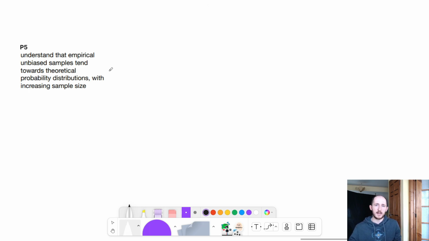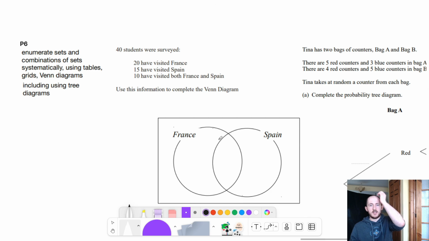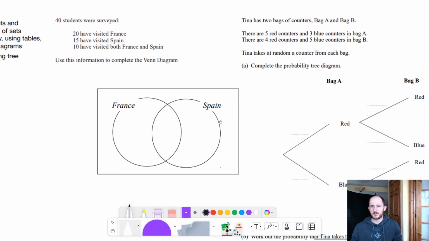How can they get a more accurate answer? The answer is always increase sample size. That always works as your answer because it will always make your answer more accurate because it will approach the theoretical probability. You also need to use Venn diagrams using sets and things like that, and also tree diagrams. So here we go.